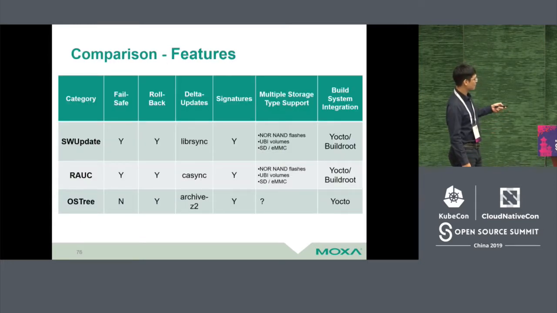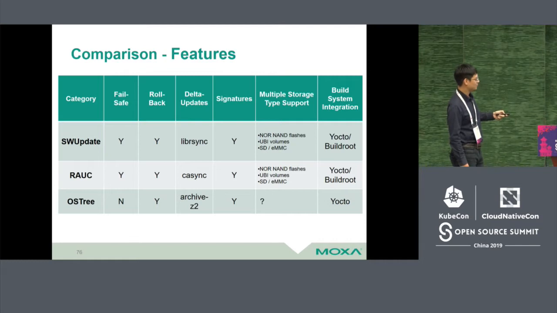So I list some open source projects for software updates. SWUpdate, that means software update, and RAUC, and OSTree. SWUpdate and RAUC support fail-safe and rollback features. They also support delta updates, signatures for security, and multiple storage.